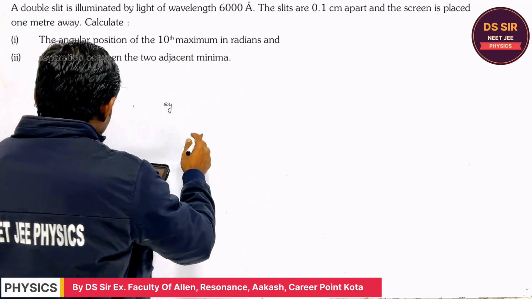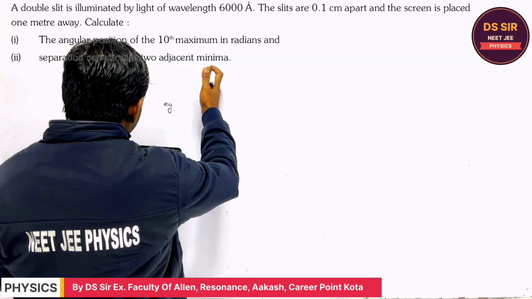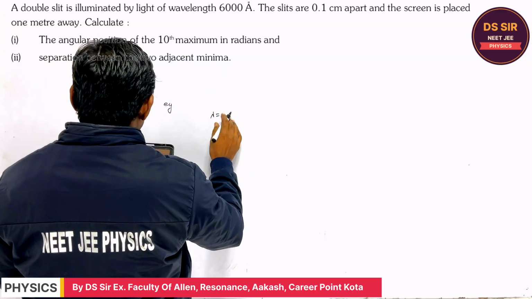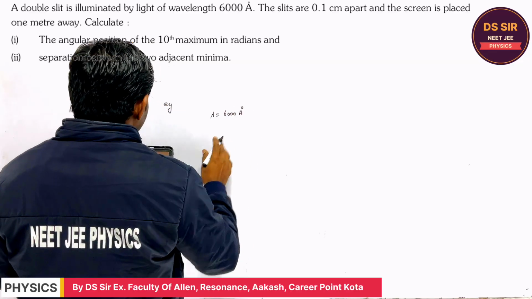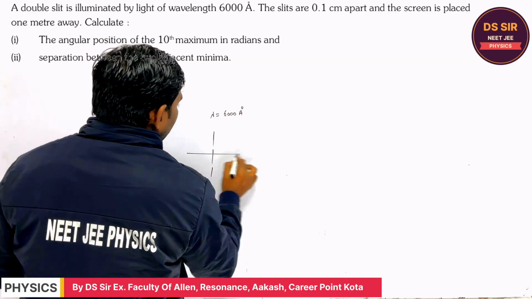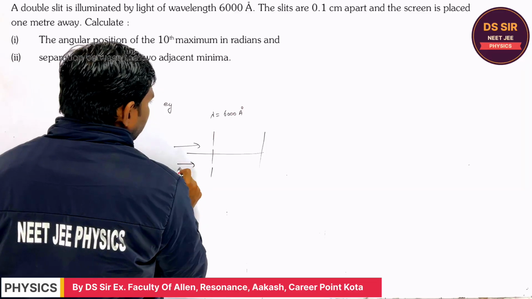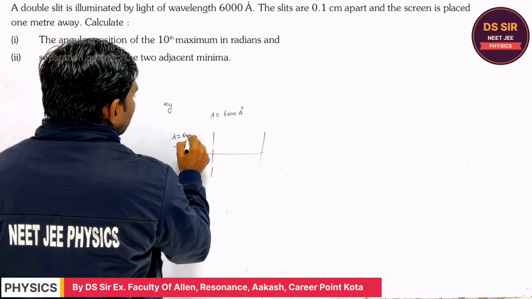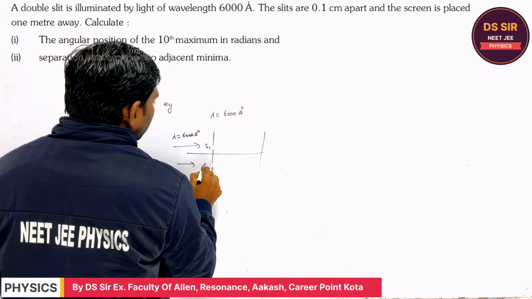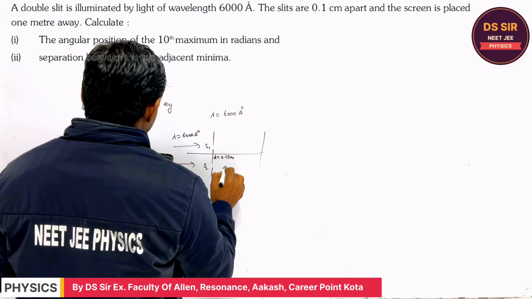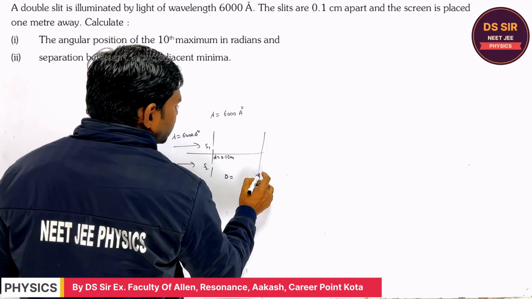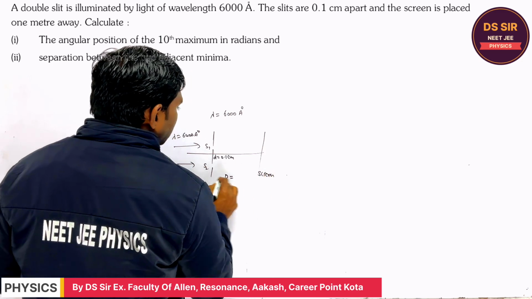Read this question. In this question, a double slit is illuminated by light of wavelength 6000 angstrom. The light is incident over here, this is lambda, 6000 angstrom. The slits are S1 and S2, the small d is given as 0.1 centimeter, and the distance between the screen and the slits is 1 meter.